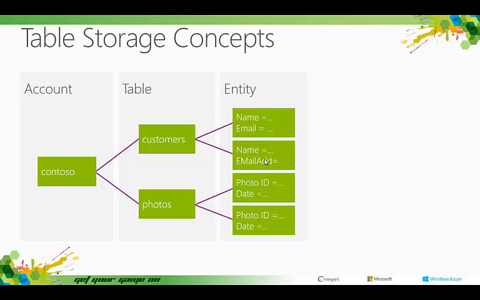The partition key helps make sure that all data that has the same partition key is kept physically adjacent to each other. And then the row key, or primary key, is a way to uniquely identify any one entity within that partition. But otherwise, you can have as many other properties on an entity as you like.